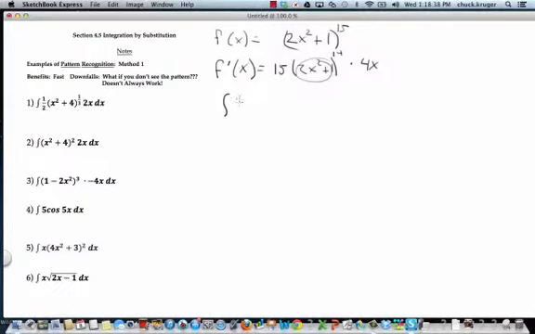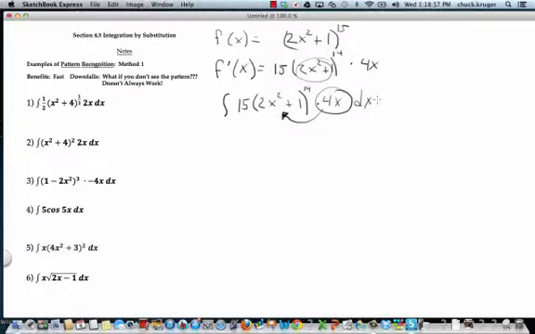If I were to integrate that derivative, in other words, find the antiderivative of 2x squared plus 1 to the 14th power times 4x dx, this right here is the chain that comes from what's inside.